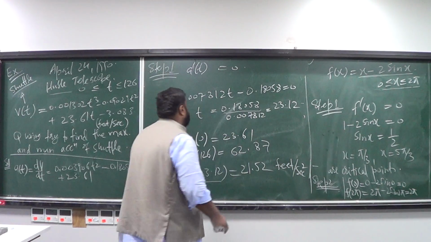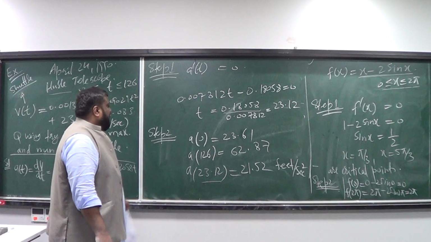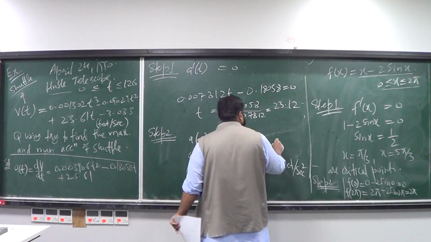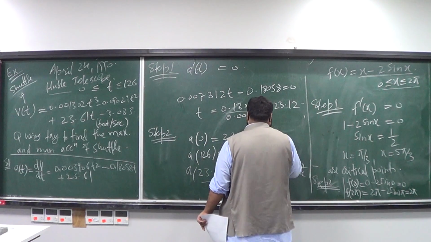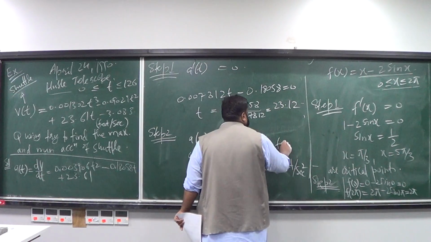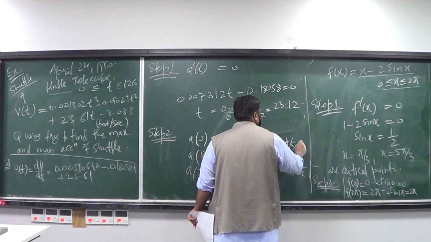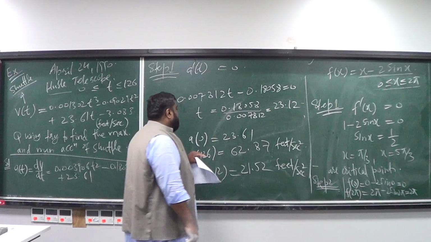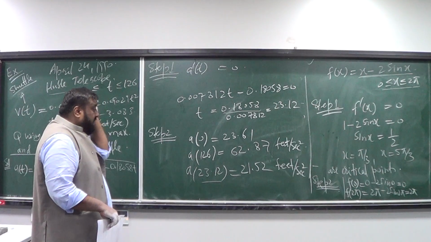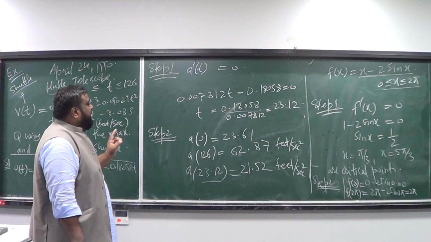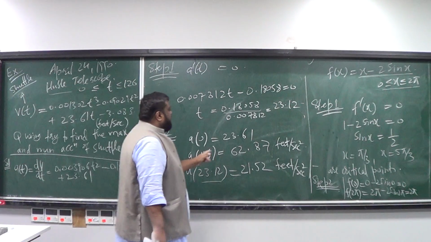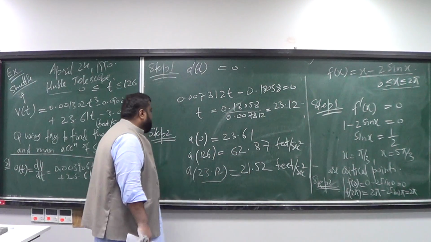And the maximum acceleration that the shuttle achieved was at the 126th second, and its maximum acceleration was 62.87 feet per second squared. So 126 seconds is the instant where the acceleration of the shuttle becomes maximum, and that acceleration was 62.87 feet per second squared.